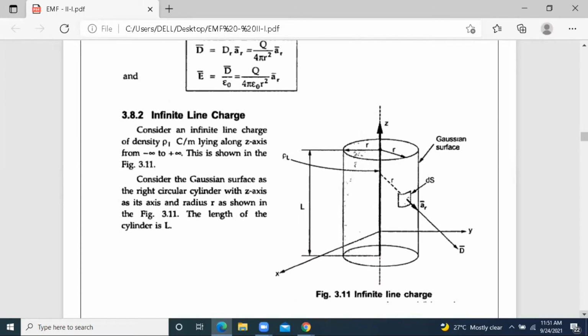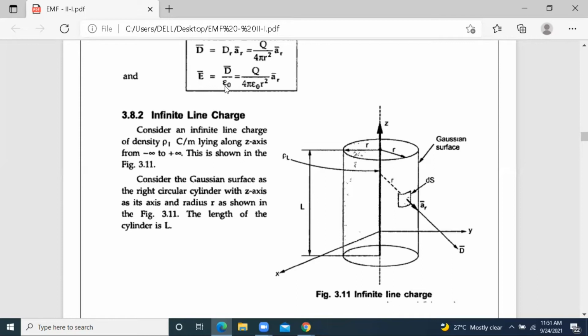So what is epsilon naught? That's the permittivity of free space. Remember, I explained that in free space, you have a permittivity.